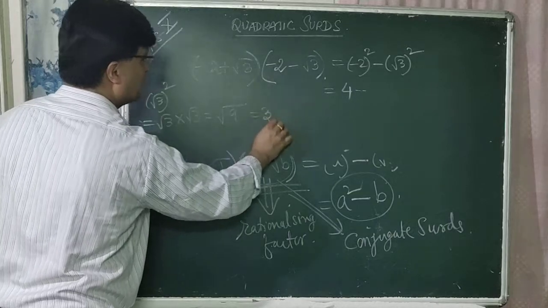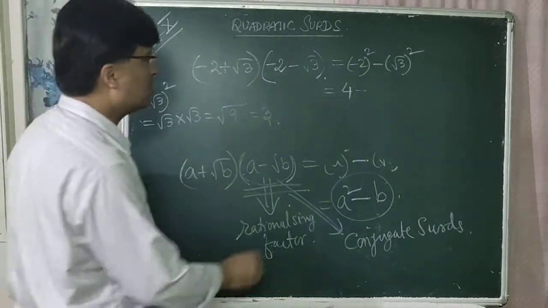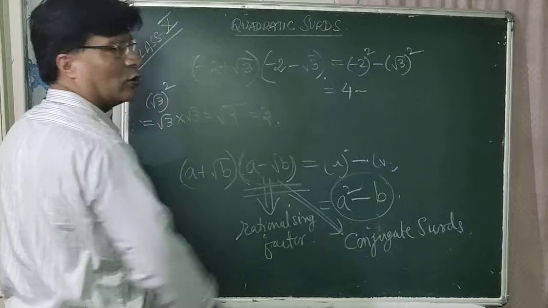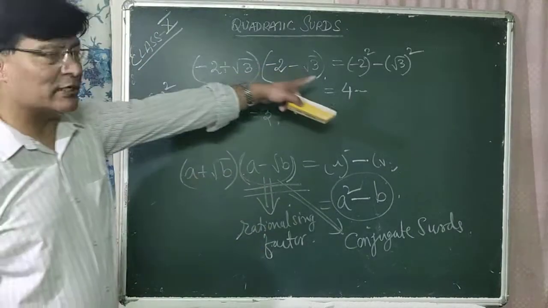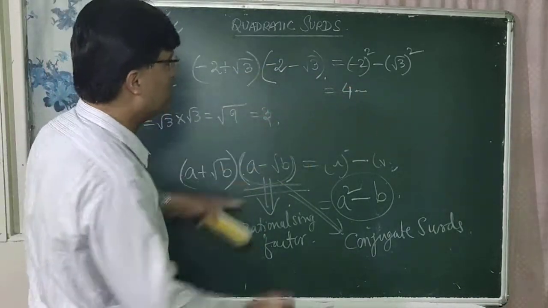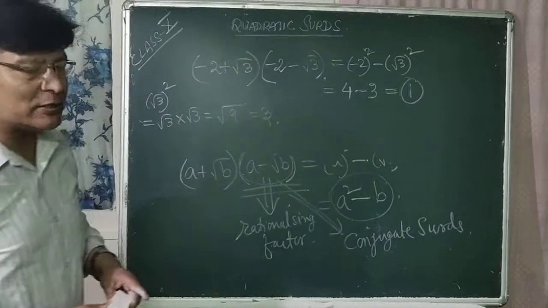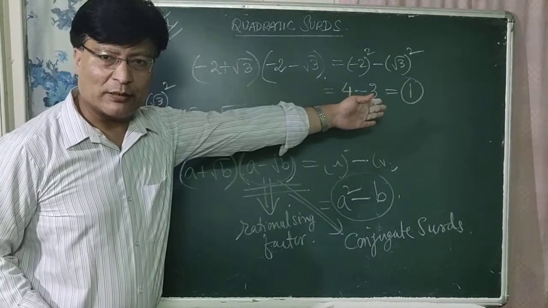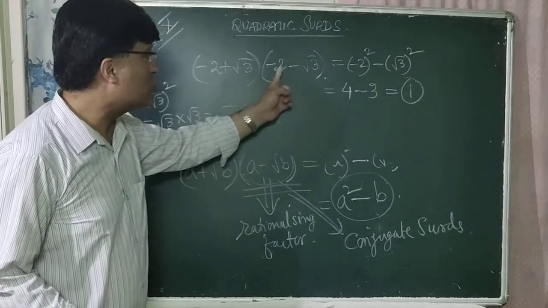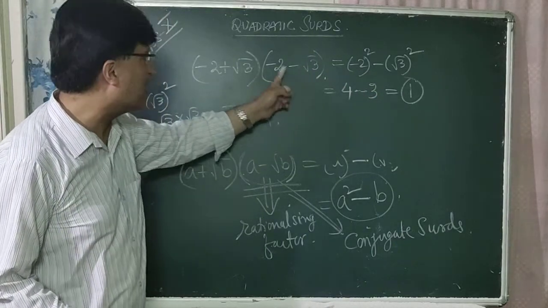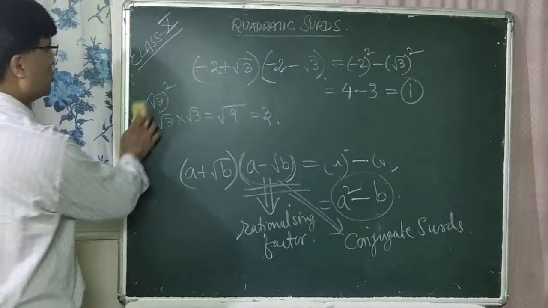What is the square root of 9? This is 3. That means 4 minus 3, which is equal to 1. That means this is a rational number. So this minus 2 minus root 3 is known as the rationalizing factor of minus 2 plus root 3.